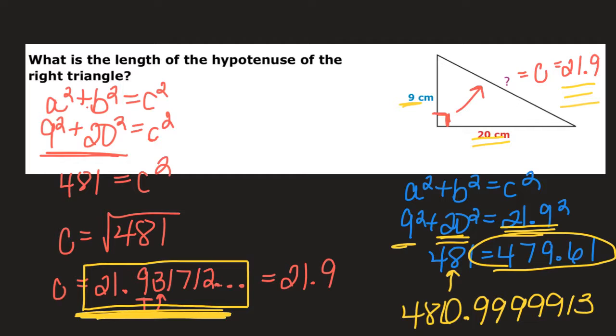So if I am relying on checking my answer, then when I square things, I need to know they're going to come out not perfect. And the more perfect I need them to be, then I need to go to the more precise number. I hope that makes sense. If that doesn't, please let me know. But if I round off some digits, then the answer I get is not going to be exact.